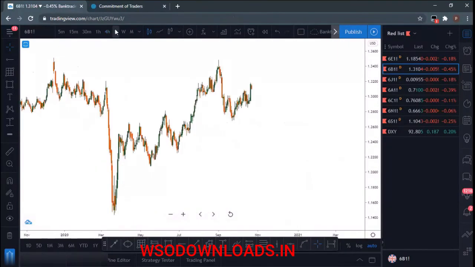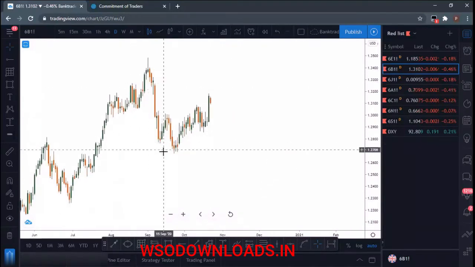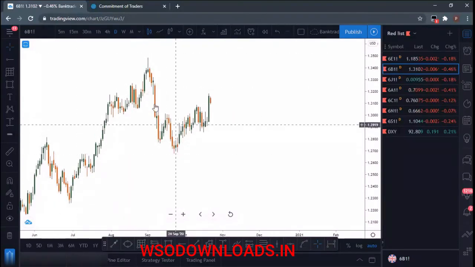Daily area. A nice drop here, but price picked up.